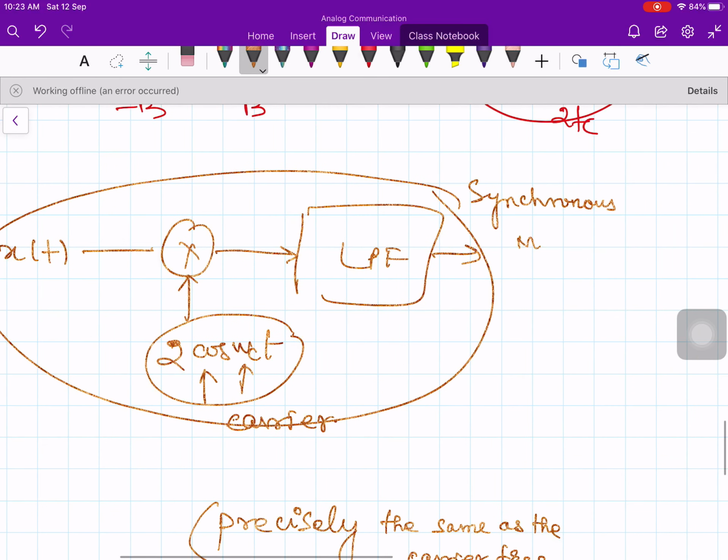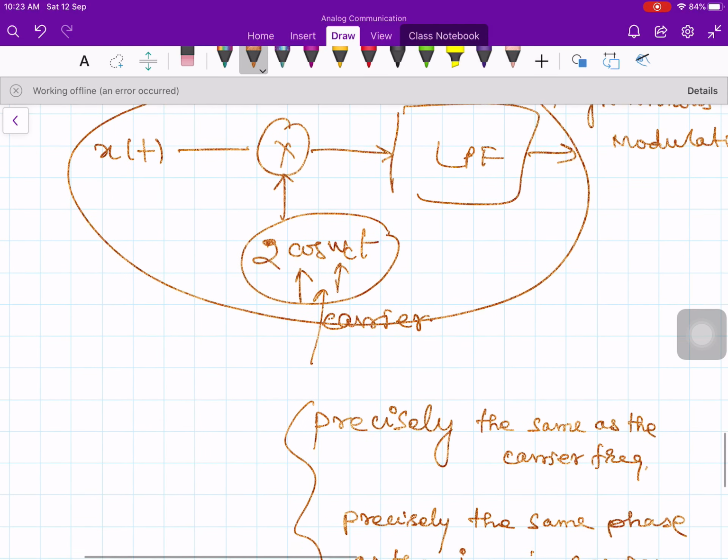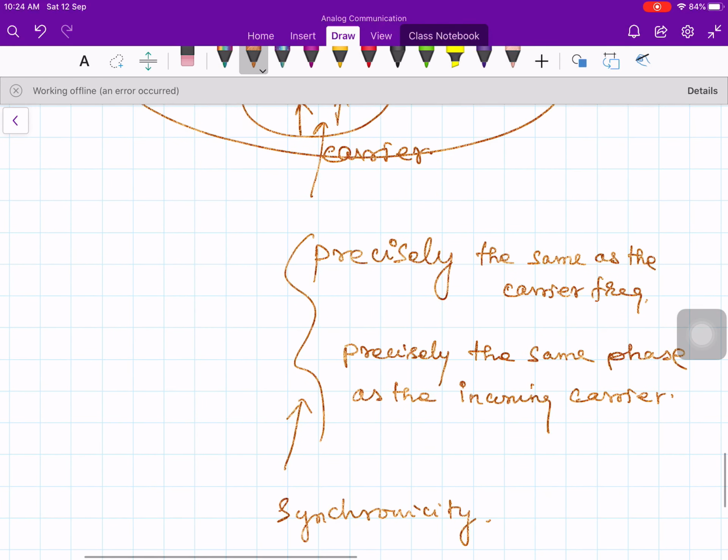Because the carrier you generate locally has the knowledge of the incoming carrier's phase and frequency, and will be equal to the carrier used to modulate the signal at the transmitter. Therefore, the local carrier at the receiver should be in perfect phase and frequency with the carrier of the received signal.